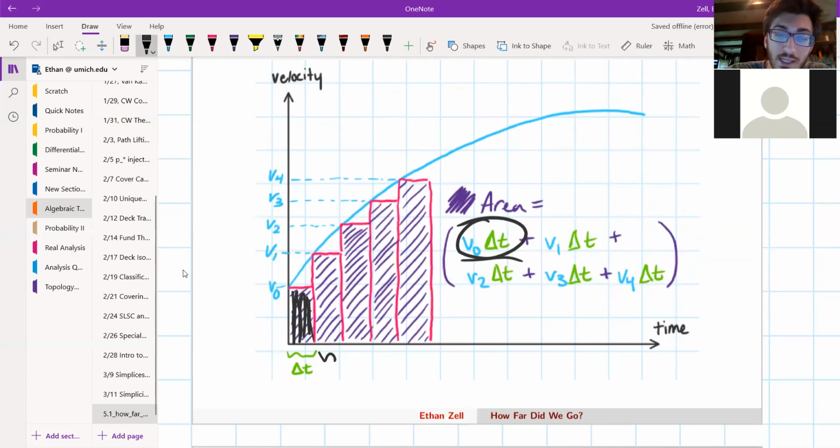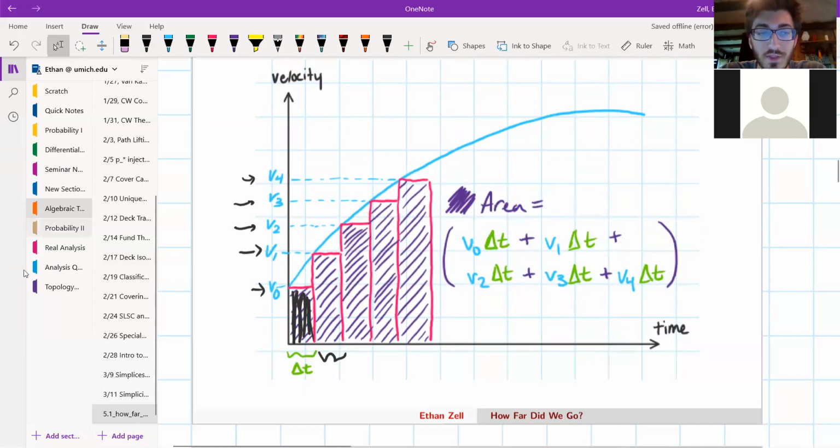Okay, but if I keep my delta T constant, so if I approximate at the same interval every time, then my rectangle width is always the same. It's always delta T. But of course, my velocity is changing every time. So first I do V0, but then I have to do V1, V2, V3, V4, right? Because the actual velocity is going up. So when I take my approximation, it's different every time. So my purple area is just this sum.